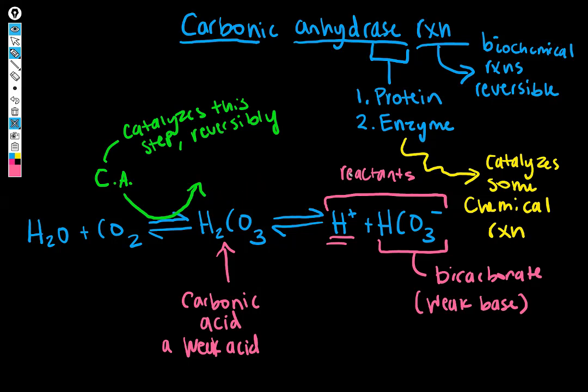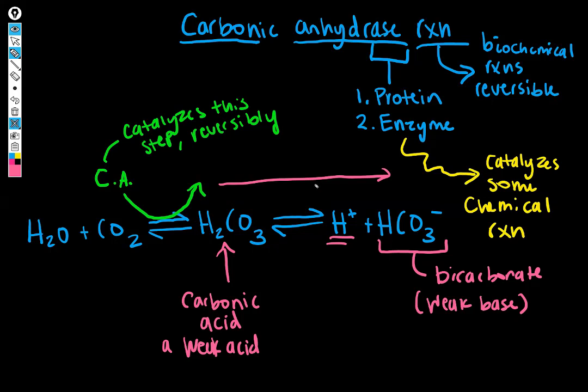In the opposite case, if we have a higher concentration in the solution of the product, which is carbonic acid, and less of the two little reactants here, the reaction is going to shift towards the formation of more reactants. So it's a relative amounts thing.